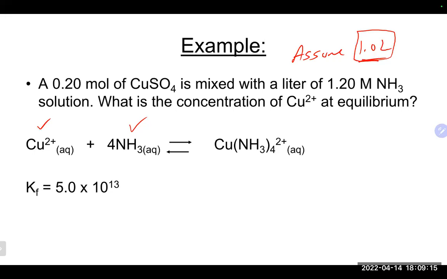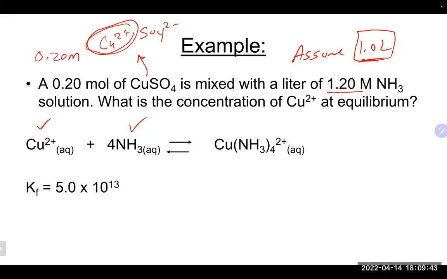That means all of the copper 2 originally is going to come from this compound, because this is basically copper 2 and sulfate together. So that is our source of copper 2, and we got something like 0.2 molar. If we take 0.2 moles and divide it by 1 liter, that gives us 0.2 molar as our initial concentration. And then we'll assume here we got our 1.2 molar.